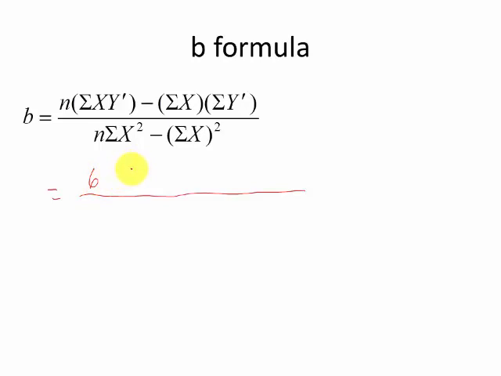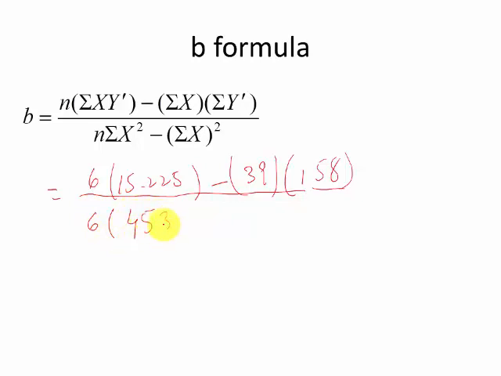The sum of x y dash was 15.225 minus sum of x was 39, sum of y dash was 1.58, and in the denominator we will put 6 into sum of x square was 453 minus sum of x, 39, whole square.